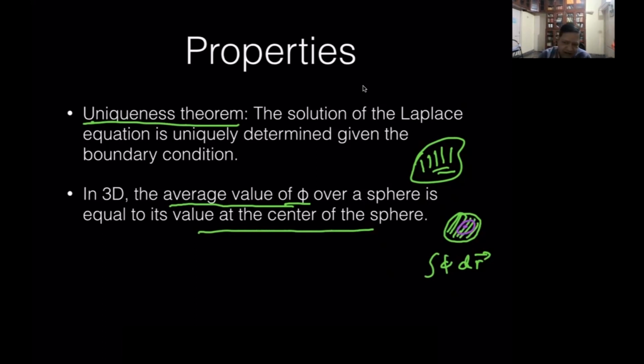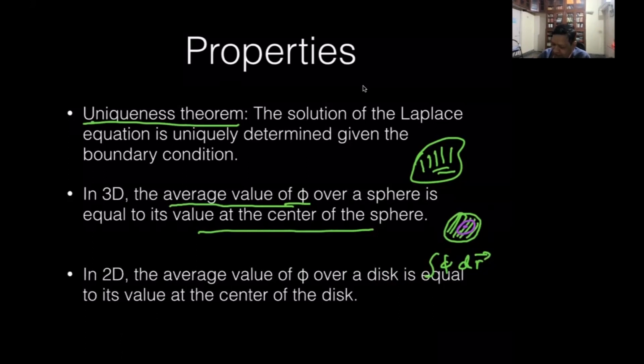All this can be derived, but we are not going to derive it in my course. This is in 3D. In 2D, it becomes a disk. The average over all the points on the disk equals the value of the function at the center of the disk. Now we can use this property, in fact, a few slides down the line.